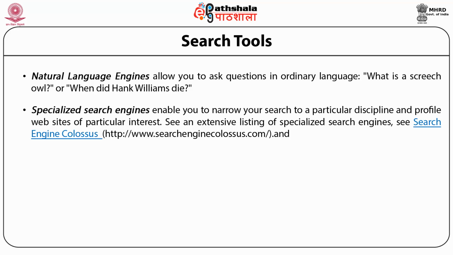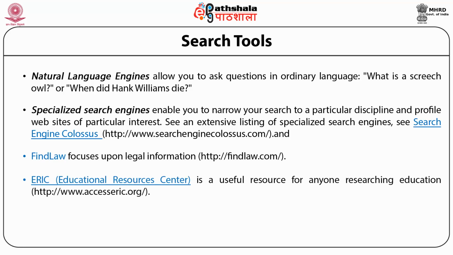There are extensive listings of specialized search engines. You can look to the search engine Colossus, or you go to FindLaw, or you can access ERIC, which is a useful resource for anyone researching education, or you can make use of Ask Jeeves.